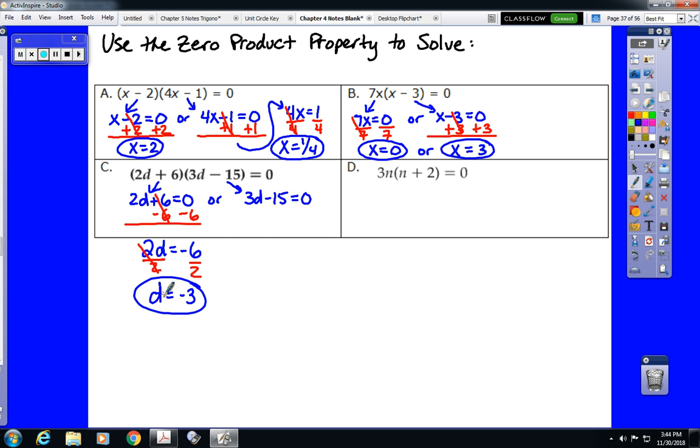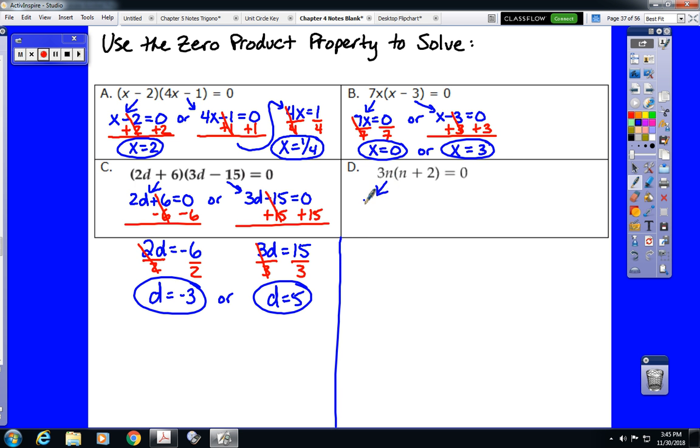Second solution, I would add 15 to each side of the equation, which would give me 3d equals 15. And then I would divide by 3, and that would give me that d equals 5. So my solutions to that equation are d equals negative 3 or d equals 5.